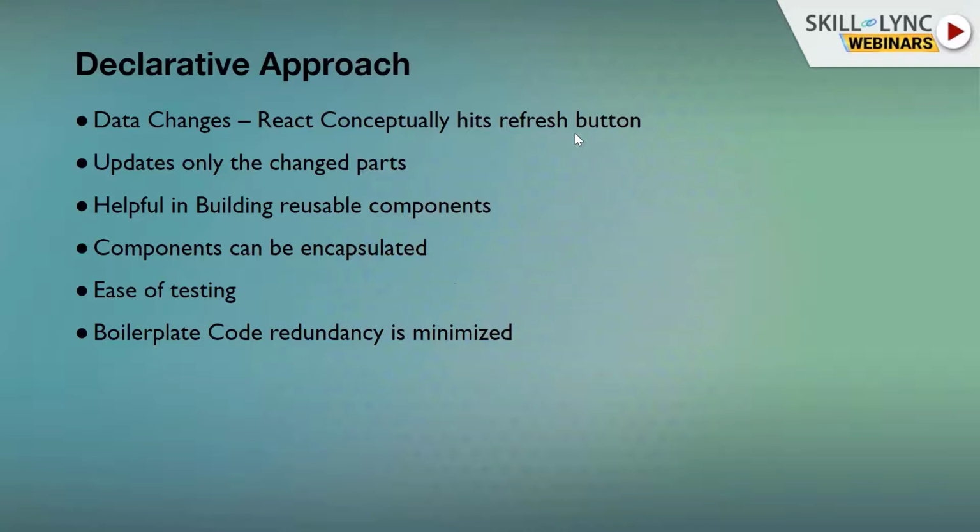So instead of writing header and footer in every page, we'll write a component for header and a component for footer, and we'll reuse the component in every web page so that the same component can be reused in multiple places. That is the advantage of writing code using React.